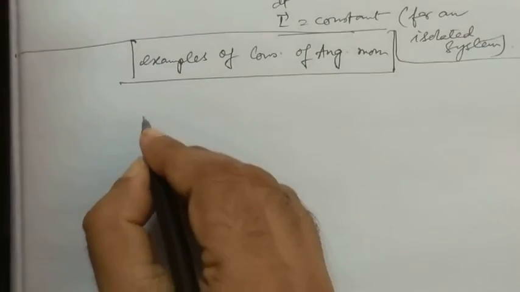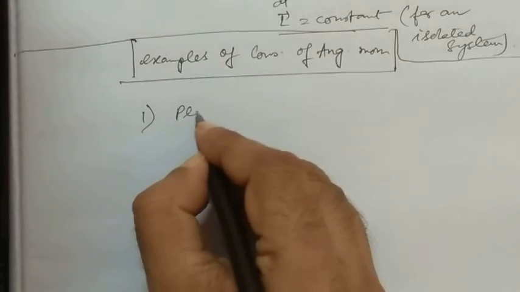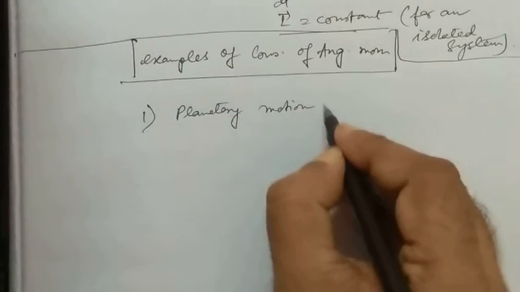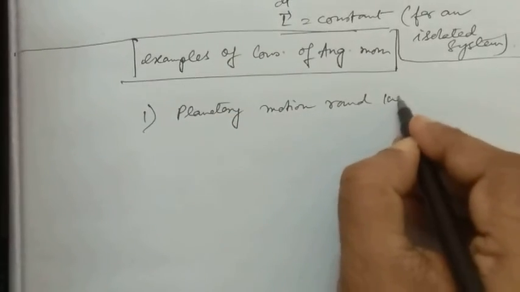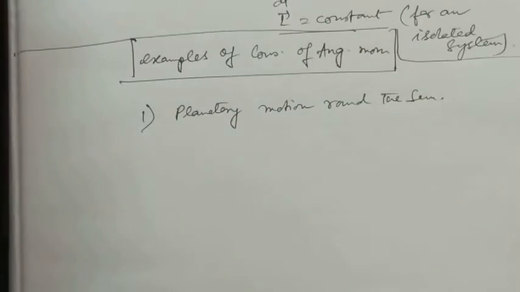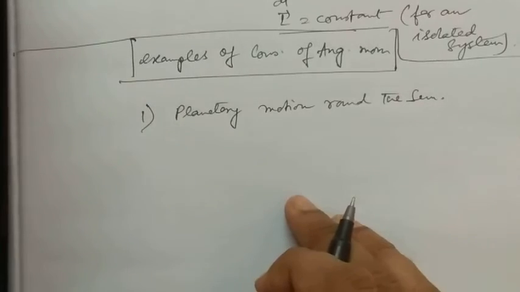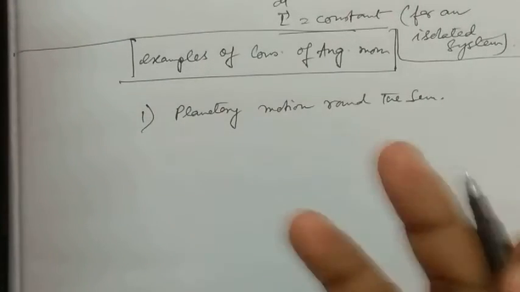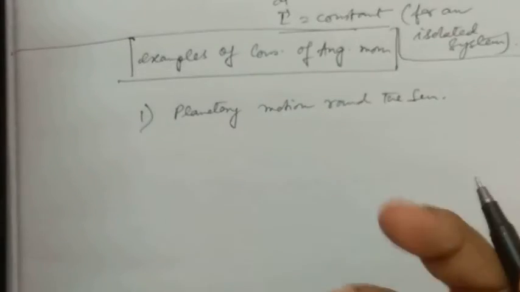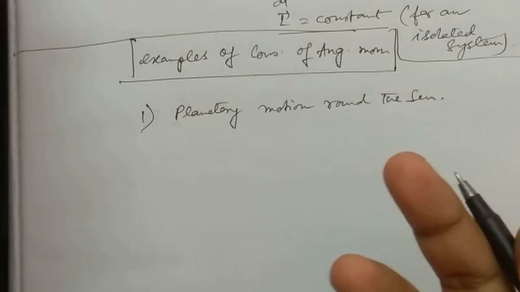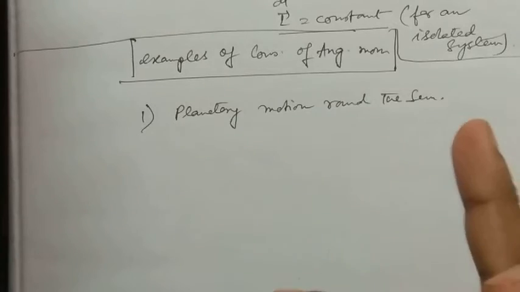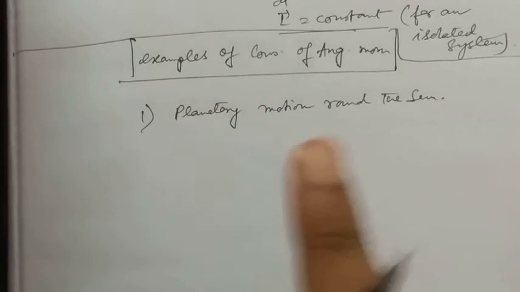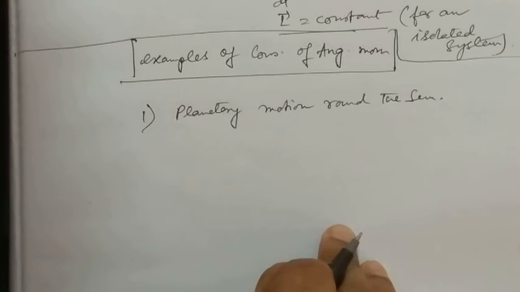The first one you can take is planetary motion around the sun. Now this is not a very easy thing, because in planetary motion the gravitational force of attraction between the bodies acts as the centripetal force and always passes through the axis of rotation.